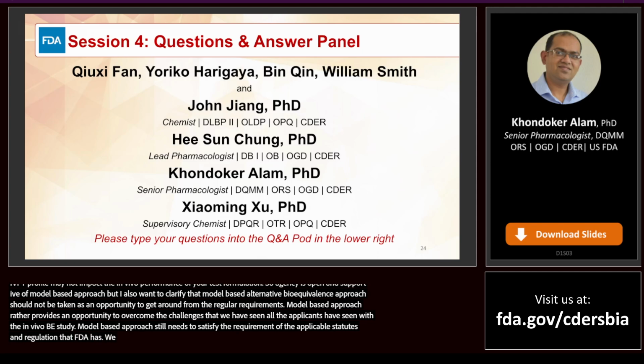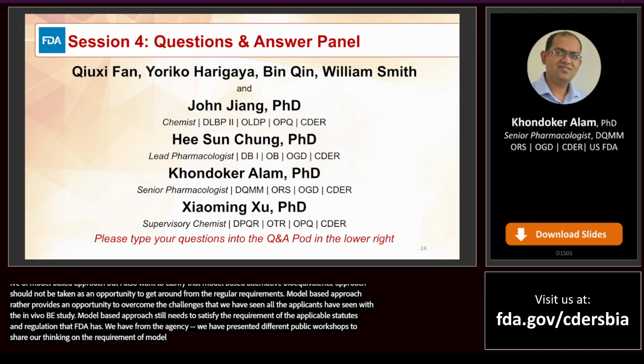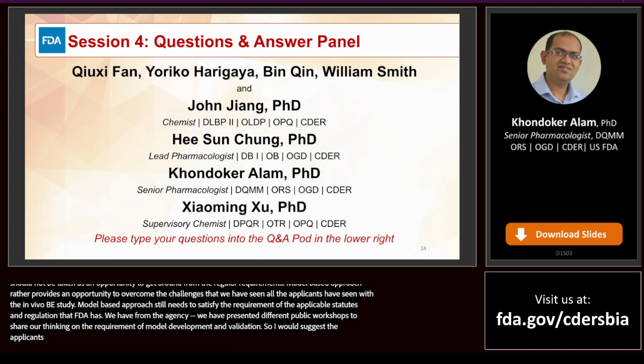From the agency, we have presented in different public workshops to share our regulatory thinking on the requirements of model development and validation. So I would suggest generic applicants use these resources if they are considering a model-based approach.